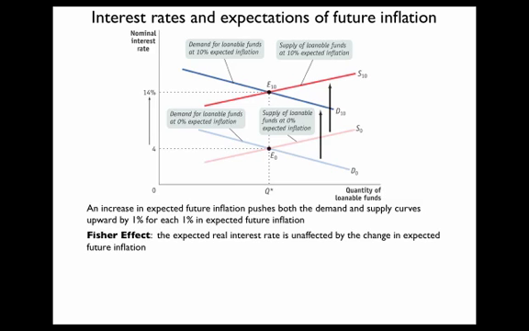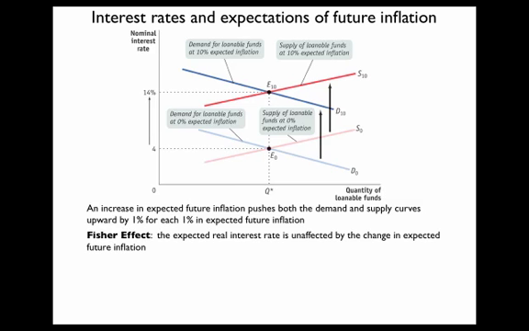And what he postulated and was able to prove, the guy's name was Irving Fisher, is the expected real interest rate is in fact unaffected by the change in expected future inflation. Why is that? Well, that's because we all build in this expectation of inflation, and the expected real interest rate then is unaffected by what we think is going to happen down the road.